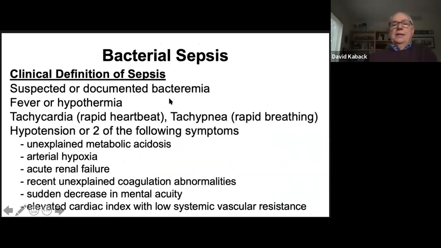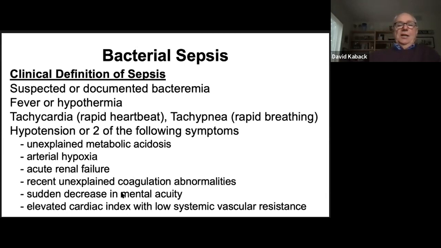All right. So sepsis, basically, if you suspect bacteremia, maybe a person comes in with a high, spiking fever, or they're cold, maybe they have a rapid heartbeat, rapid breathing, hypotension, and a multitude of other symptoms, you suspect sepsis.